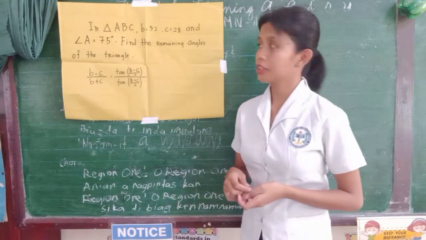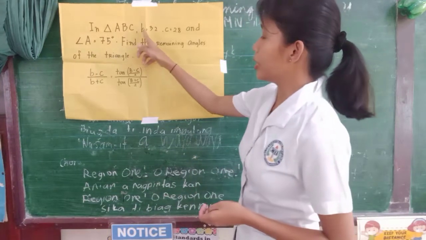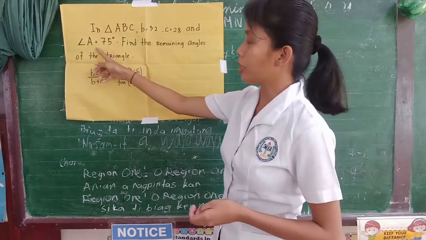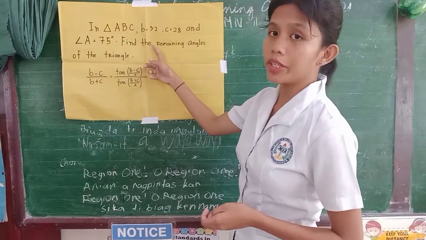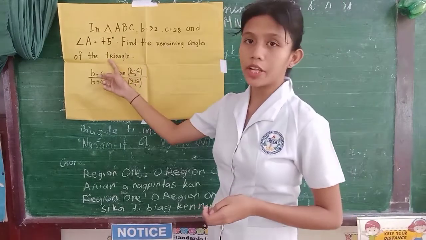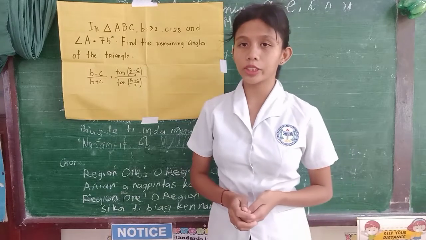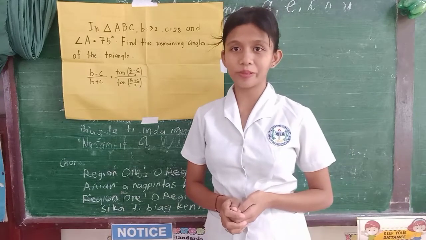Okay. In triangle ABC, B is equal to 32, C equals 28, and angle A equals 75 degrees. Find the remaining angles of the triangle. You are given 10 minutes to answer. Alright, your time starts now.